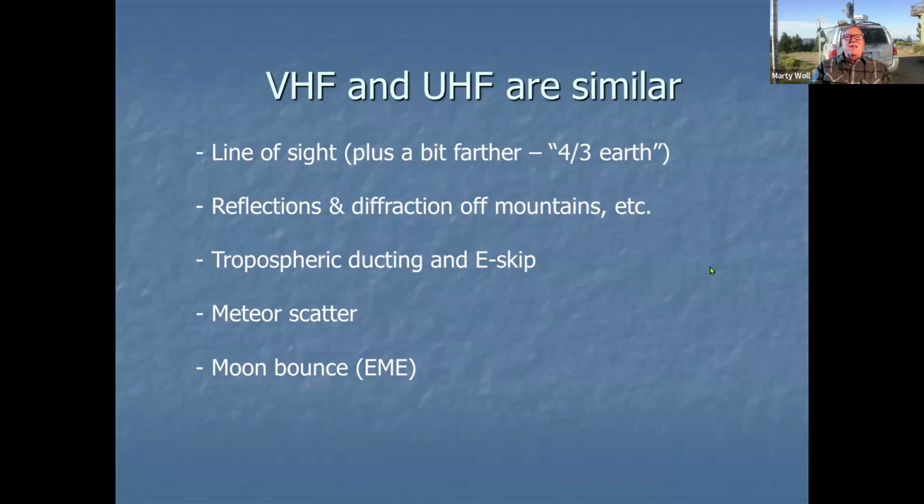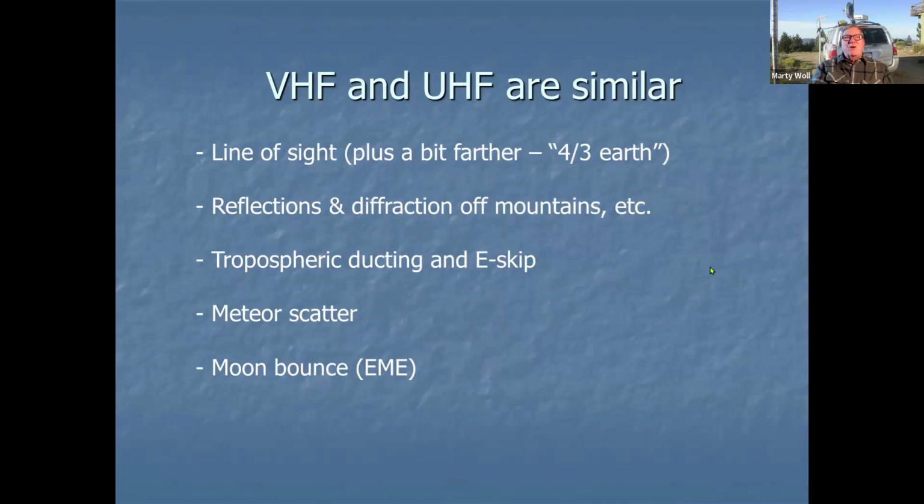Another technique used on higher HF and VHF and UHF is meteor scatter. Meteors, of course, are these little grains of sand-sized things that come streaming into our atmosphere and burn up in the process from the friction, and they leave little ionized trails.